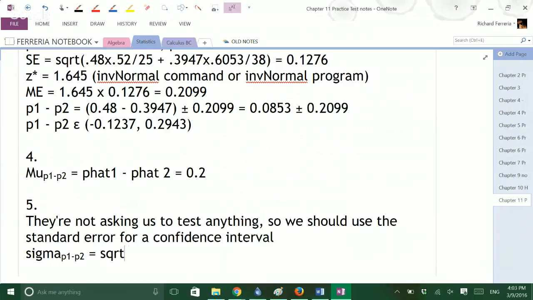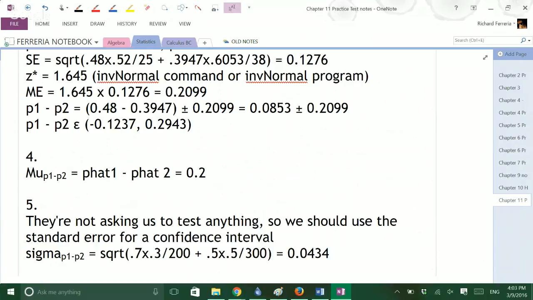That's going to be the square root of 0.7 times 0.3 divided by a sample size of 200, plus 0.5 times 0.5 divided by a sample size of 300. That's 0.0434.